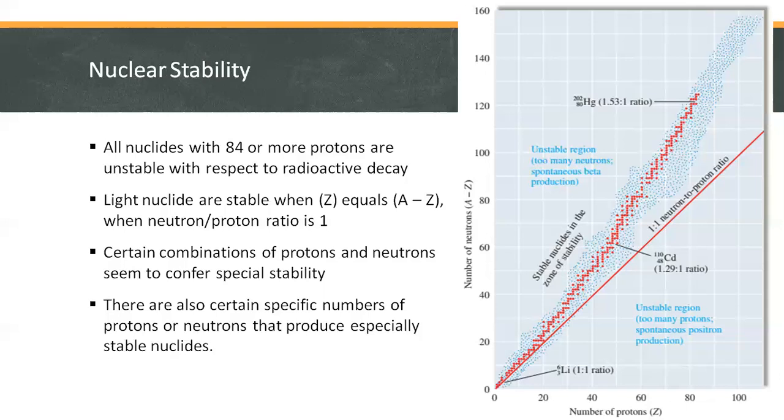There are also certain specific numbers of protons or neutrons that produce especially stable nuclides. These magic numbers are 2, 8, 20, 28, 50, 82, and 126. This behavior parallels that for atoms in which certain numbers of electrons.